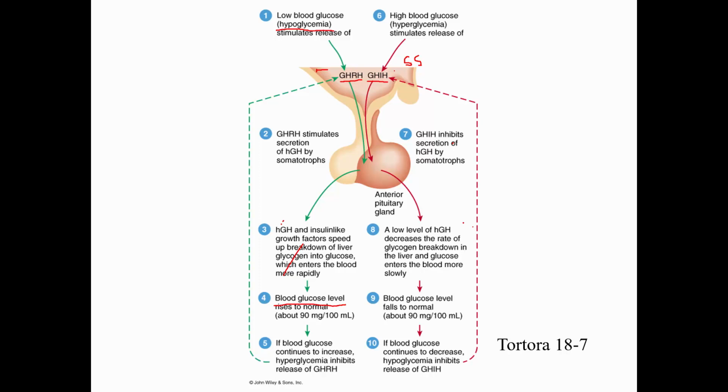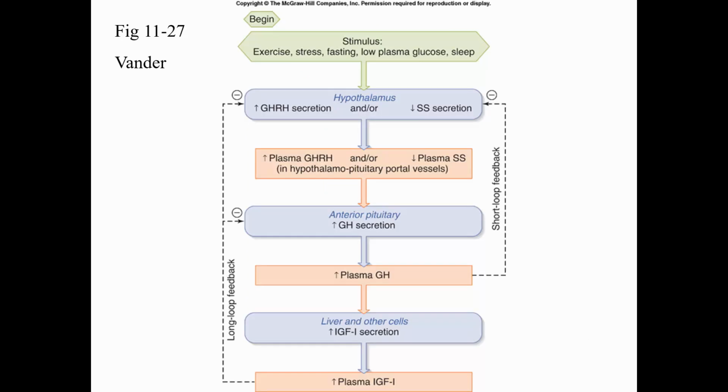There are lots of things that stimulate growth hormone release. Short-term stress, there's a circadian rhythm. We tend to release more growth hormone at night. So the regulation of growth hormone is actually quite complicated.